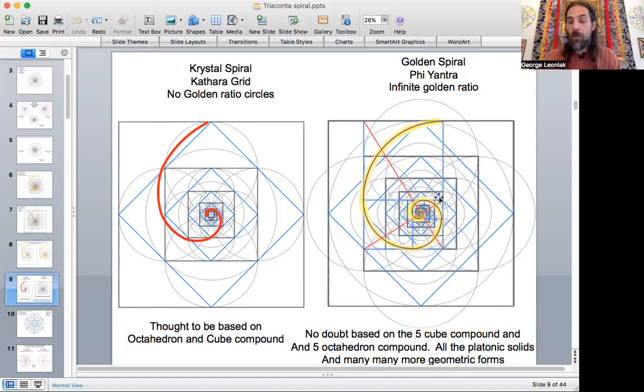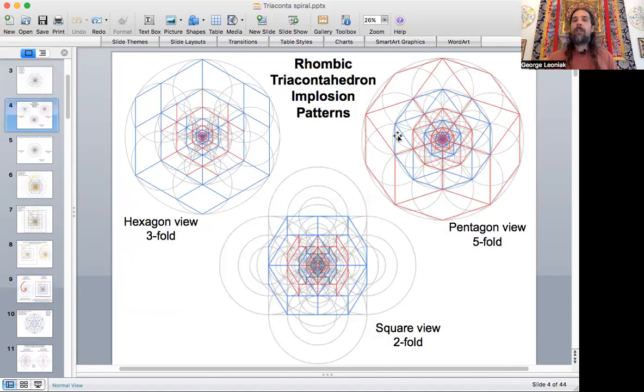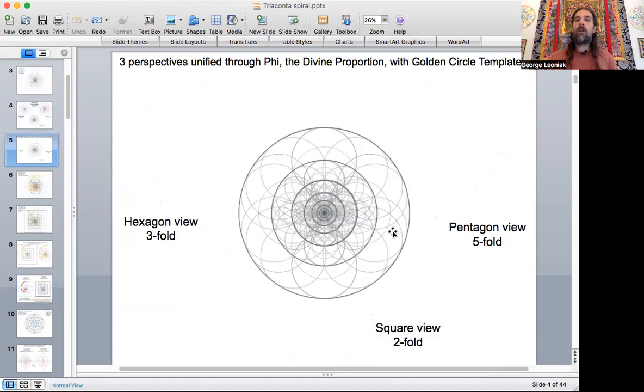But I wanted to show you in this, and this is important, I completely eliminated that hexagonal perspective from this, so a person who's in Krystal Spiral cannot say, hey, it's due to the Metatronics hexagon view, all right? I'm doing everything, as I showed you prior, that my perspective here is a unified view. All these three that I pulled out are all based on these three perspectives unified through the divine proportion.